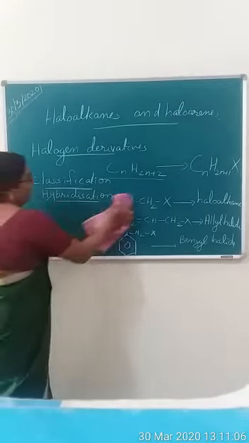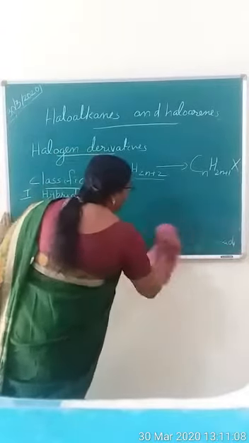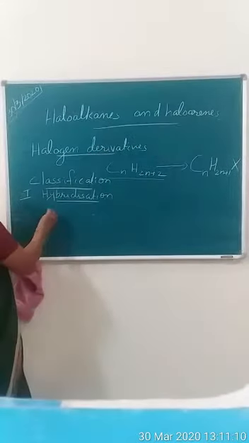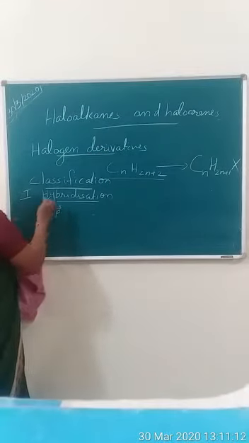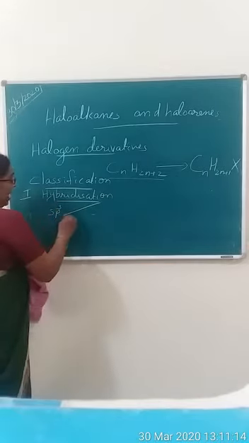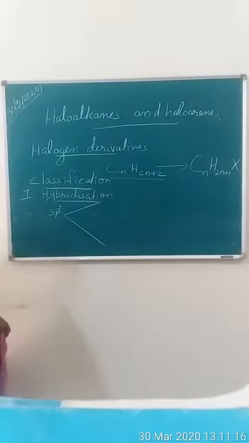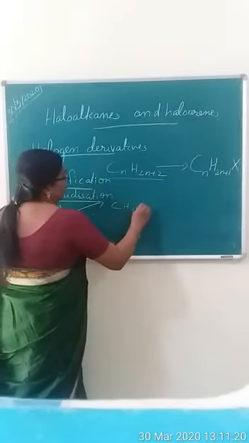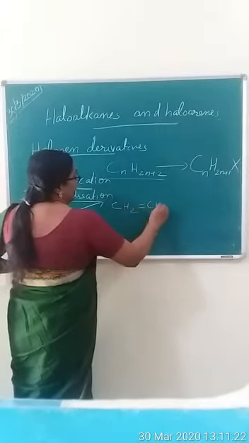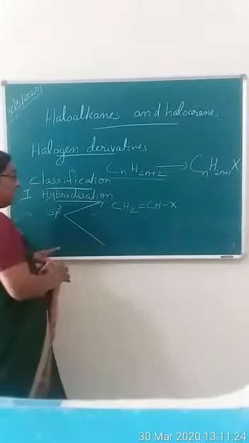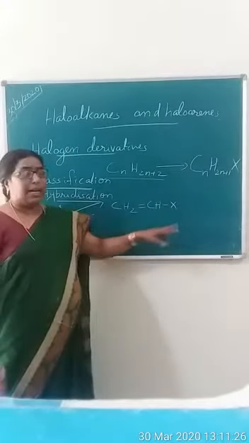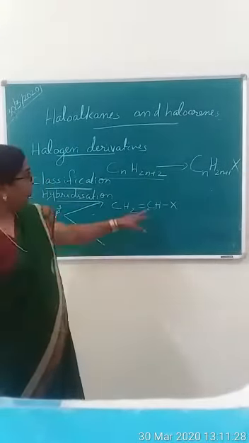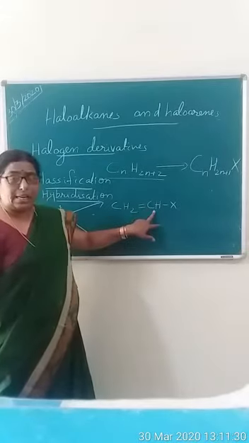Okay, that is about the basis of sp3 hybridized carbon. Now let us consider if the halogen atom is attached to sp2 hybridized carbon. On this basis, we can divide the halogen derivatives into two types. Suppose CH2=CHX. In this case, you can see that the halogen atom is directly attached to sp2 hybridized carbon.